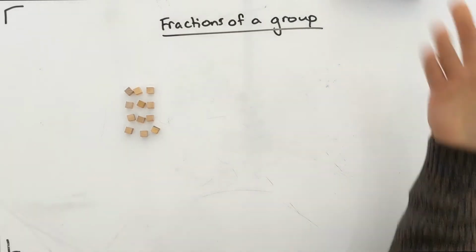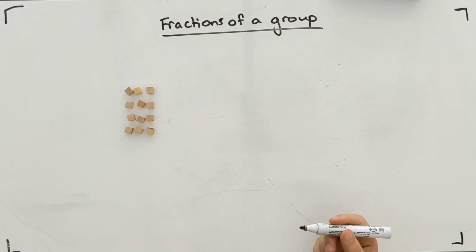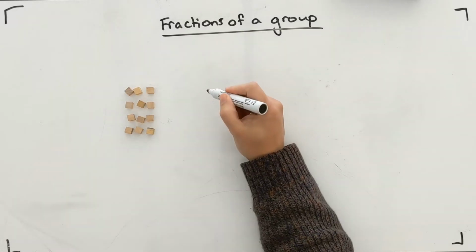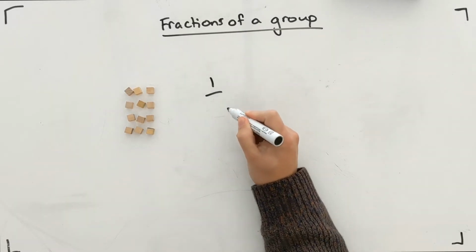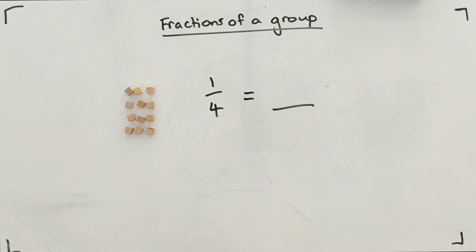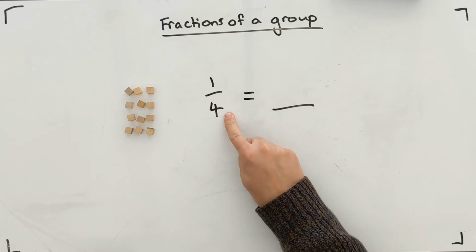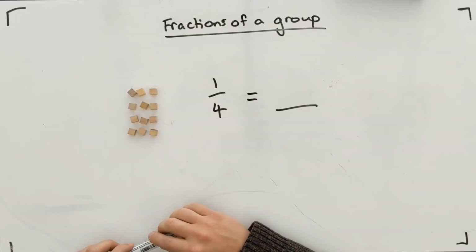All right, what if we wanted to find something else? What if I wanted to find what a quarter of the centicubes are? What is 1/4 of the centicubes? I don't know. But again, when they're in an array like that, I can find out pretty easily. I know that a quarter of something, well, I'm going to find 4 equal groups.